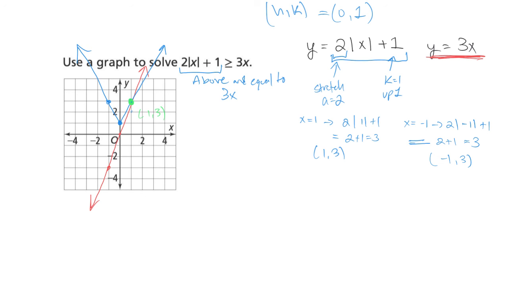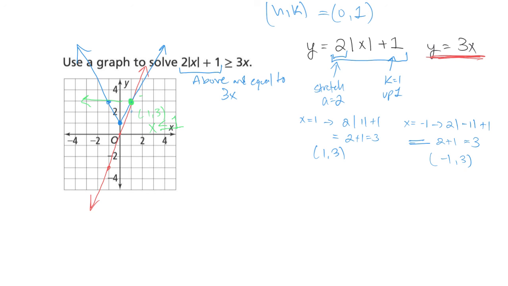If we look to the left, we can see that our graph is above the red graph. The blue graph is above the red graph. That's what we're looking for, and that's when x is less than or equal to 1.